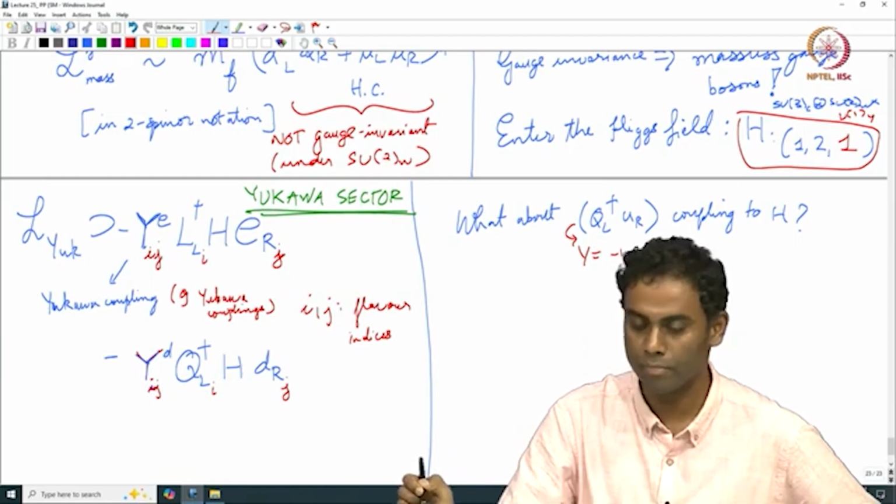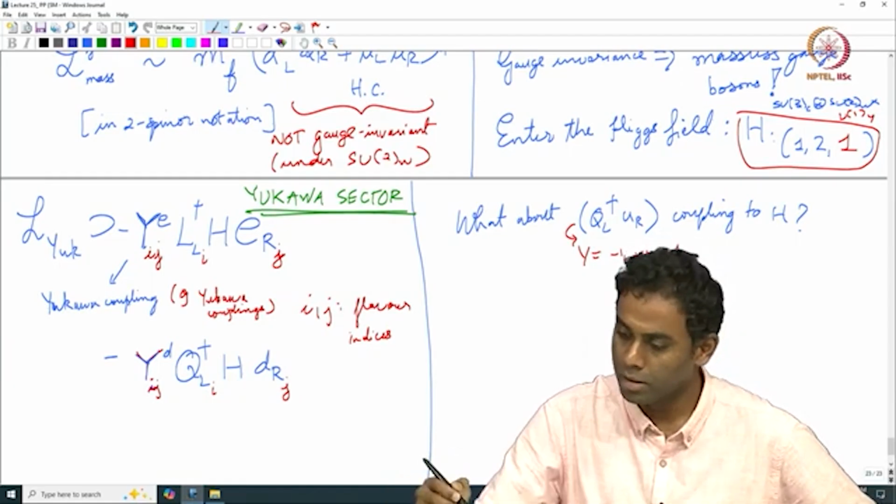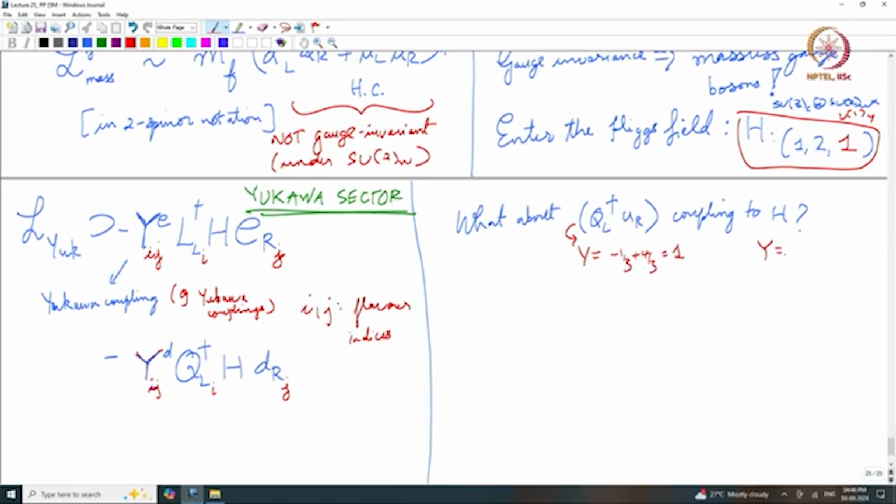It's 1, correct? Now what is the hypercharge of the Higgs? That is also 1, right? So if I just wrote QL dagger H UR, what is the hypercharge of this entire object? That would be 2. But we want the total hypercharge to be 0, right?